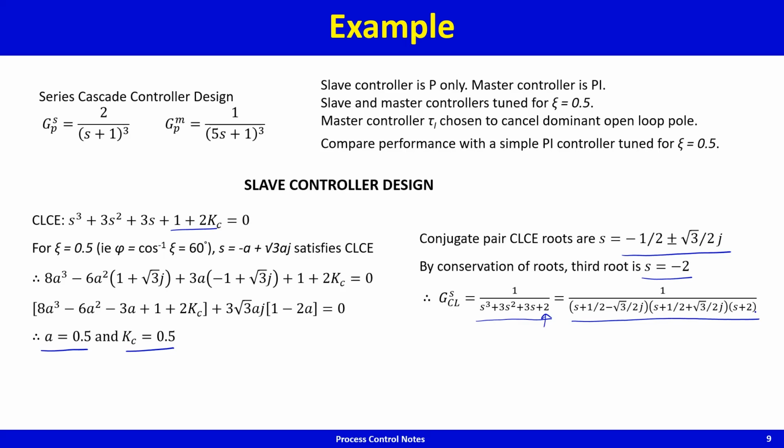Now we want to design the master controller. So we've got G closed loop slave equal to 1 over s cube plus 3s square plus 3s plus 2, and then we will use tau I equal to 5 minutes.